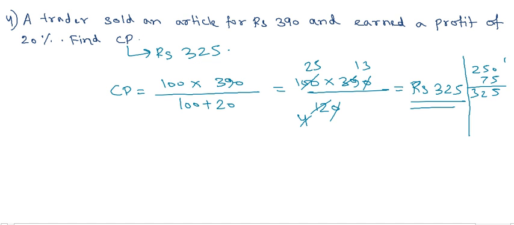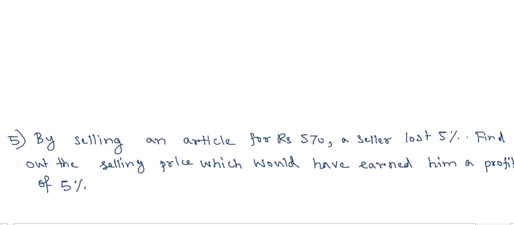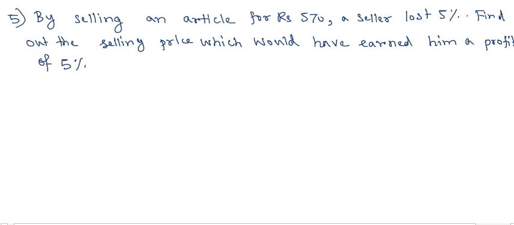Now let's move on to the next problem. By selling an article for rupees 570, a seller lost 5%. Find out the selling price which would have earned him a profit of 5%. First let's find out the cost price of the article.